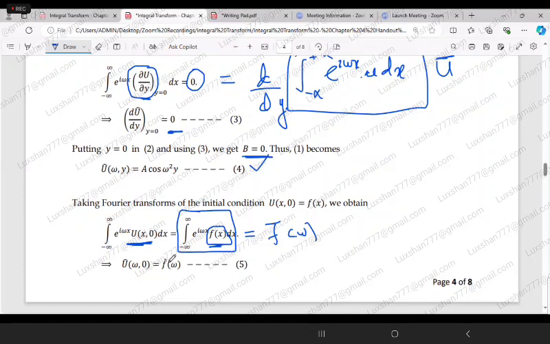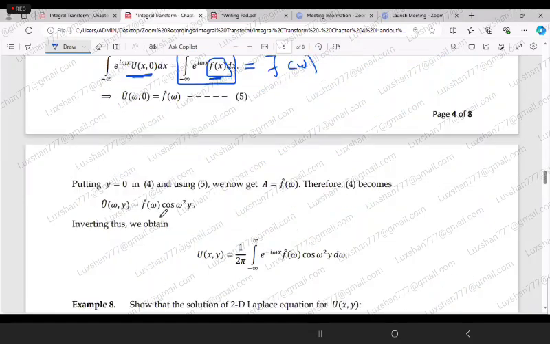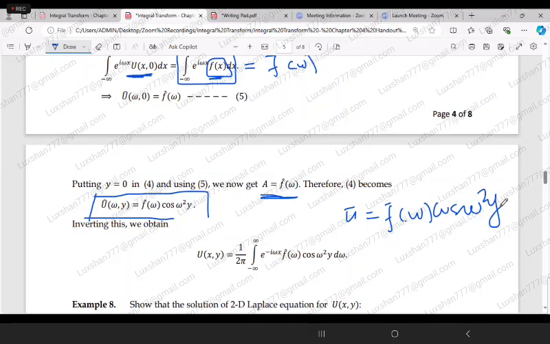Therefore, a is equal to f bar omega. So the solution is u bar equals f bar omega times cos(omega y).